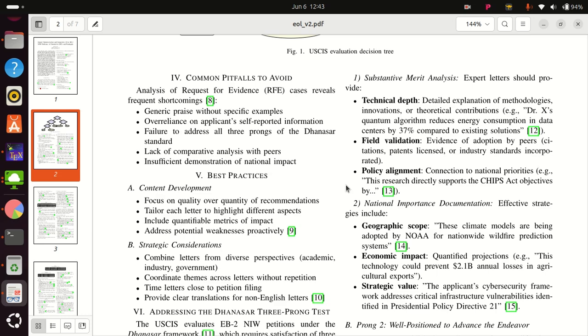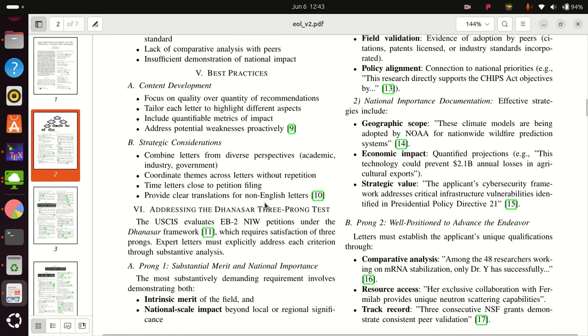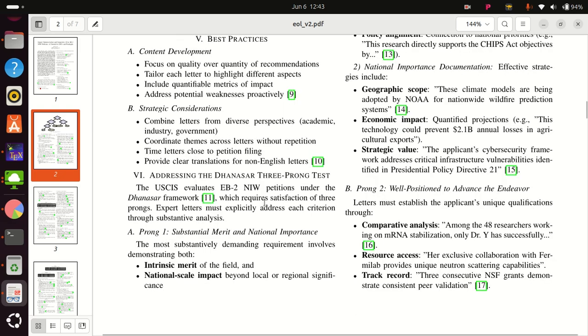As for content development strategies and strategic considerations, you should have letters from diverse perspectives, which helps, and time the letters close to the petition filing. Don't have them very old, so that they can cite your recent work.